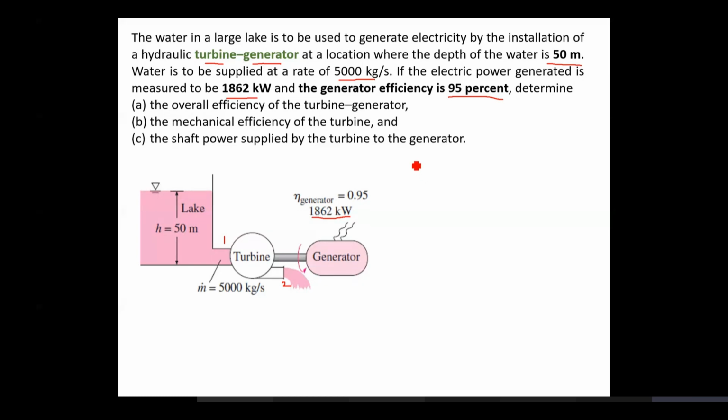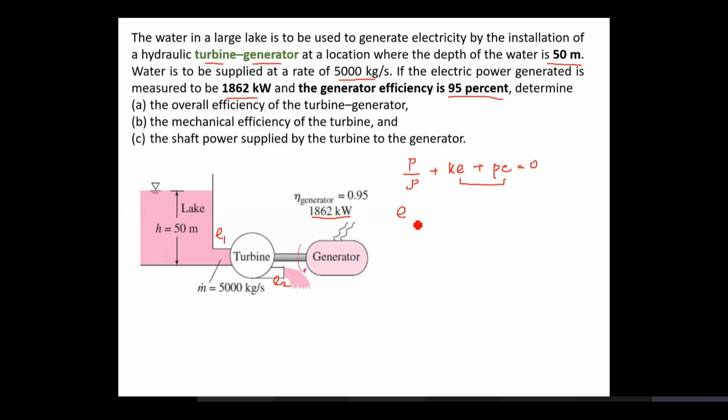It is the flow work, which is pressure divided by the density, plus it is dependent upon the kinetic energy, plus it is dependent upon the potential energy. So from state 1 to 2, the change in kinetic and potential energy is almost negligible, almost zero. So the energy entering the turbine, E1 minus E2, would give me the change in mechanical energy of the fluid.